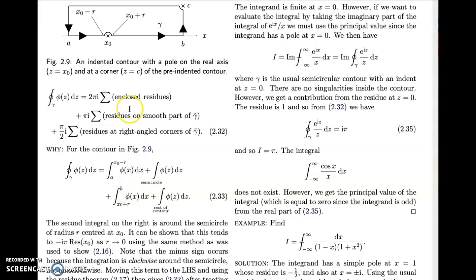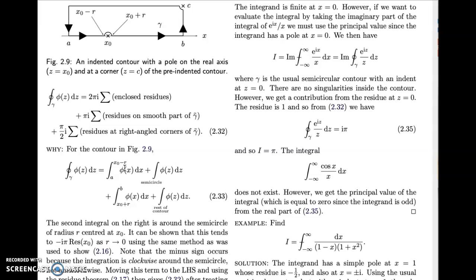When you're integrating something which has a singularity between the limits, so you've got a real integral of phi, and phi has a singularity somewhere between the limits, then strictly that integral doesn't exist because you're trying to add infinity. I mean, if you think of an integral as working out the area under a curve, you're summing something which is infinity, and you're not really allowed to do that.